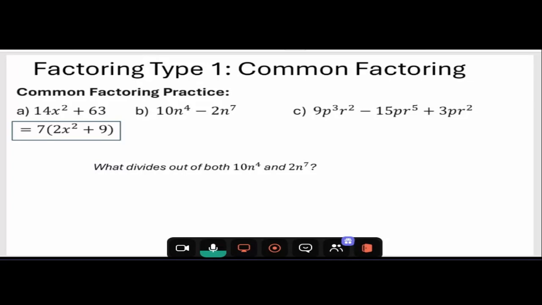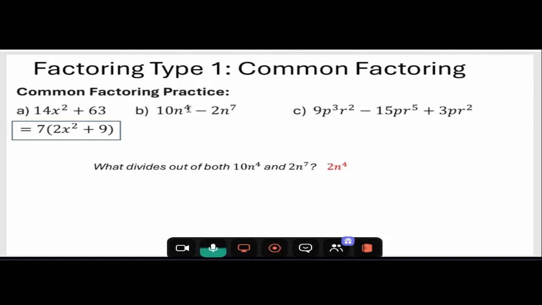What divides out of both 10n to the 4 and 2n to the 7? Well, 10 and 2 can both be divided by 2. And n to the 4th and n to the 7th: remember, this means n times n times n times n, and this means n times n times n times n times n times n times n, 7 n's.